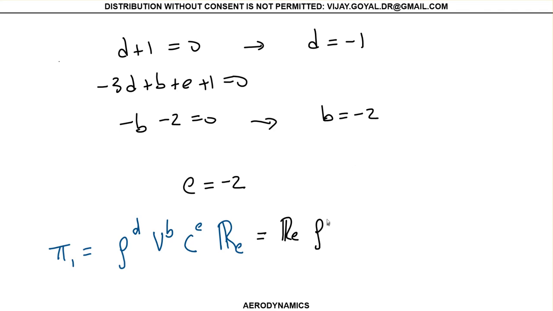I have rho to the minus 1, V to the minus 2, and the chord length to the squared power. Okay, replacing all these quantities here. So I can also write this as Re times mu over rho V c. So this is the first pi, and this will be a completely dimensionless parameter.